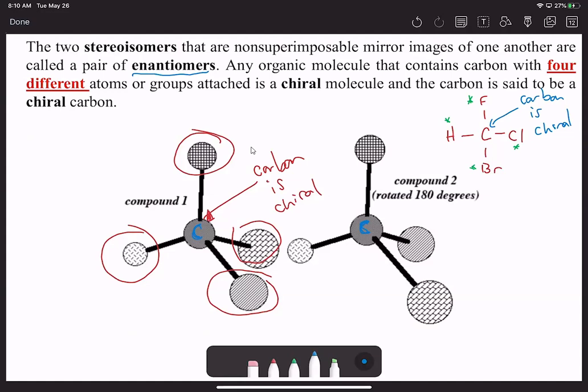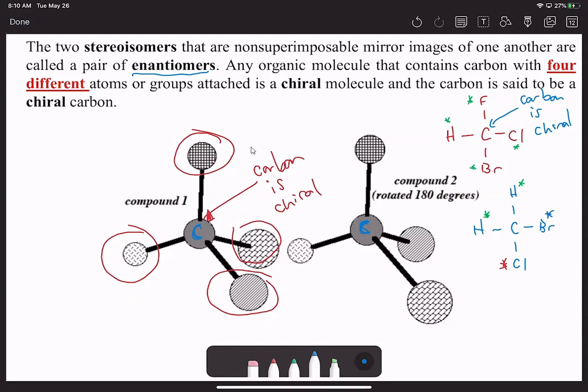So here, let me draw another molecule: hydrogen, bromine, we'll put chlorine over here, and then let's put another hydrogen on there. Well, now we only have 3 different things. The hydrogens are both the same. Then we have chlorine, and then we have bromine over here.